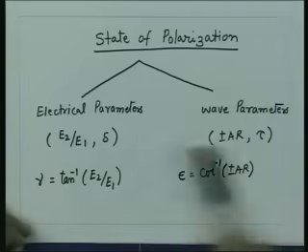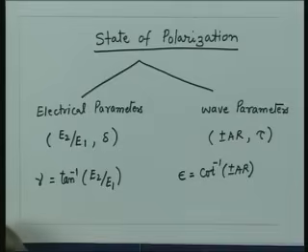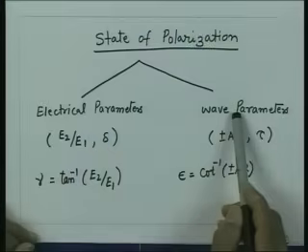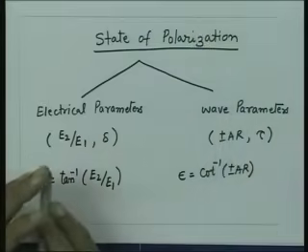We will follow this convention, and when we meet in the next lecture, essentially we will see how the state of polarization is compactly represented in terms of this pair of angles, and then we will also discuss the conversion from one parameter to another parameter, and then we will also go into understanding how orthogonal states of polarization are generated once we have an understanding of the state of polarization in these two domains.